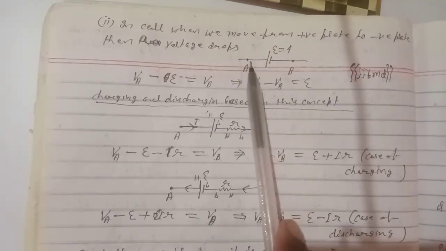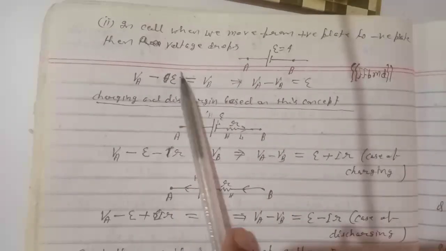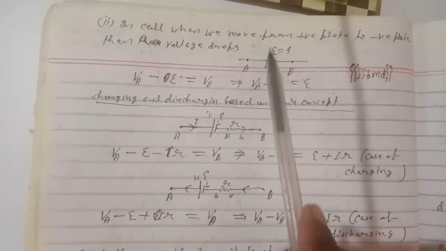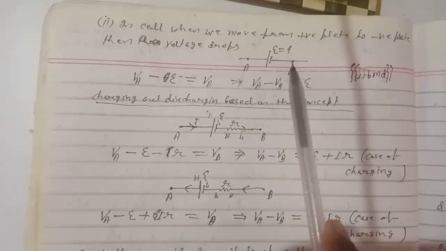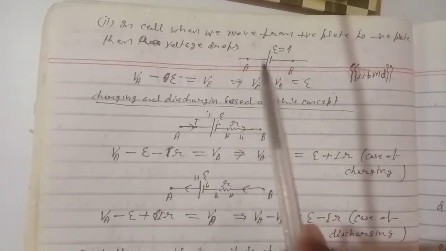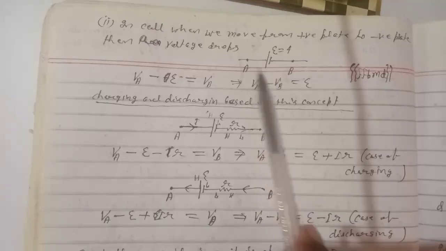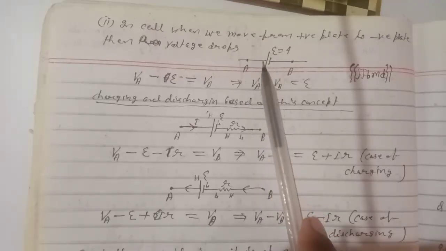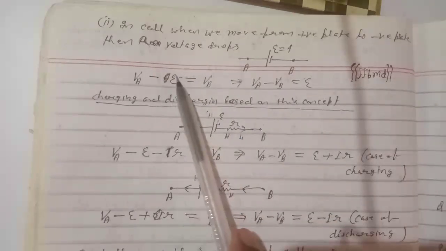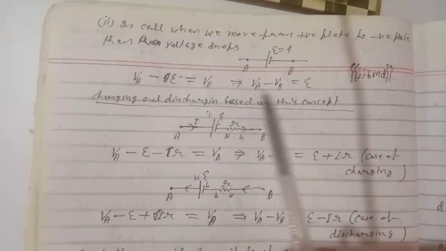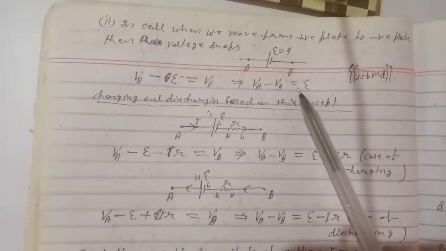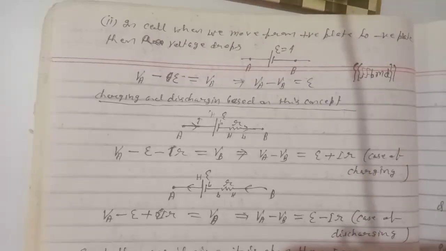So we can write VA minus E, this value being dropped, equals VB, because going to the lower potential from the higher potential, some value of volts has to be subtracted. This value is E, we have to subtract E so that it becomes equal to VB. So VA minus E equals VB, so VA minus VB equals E, the EMF of the cell.